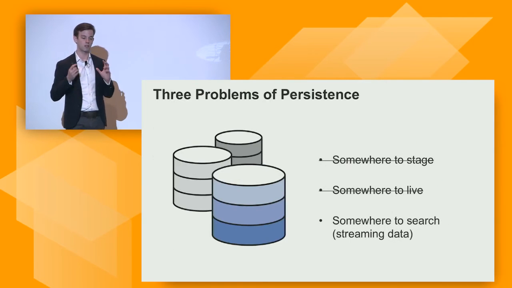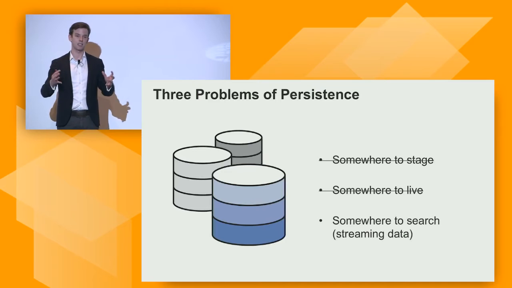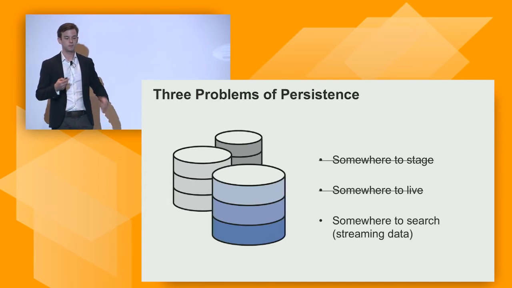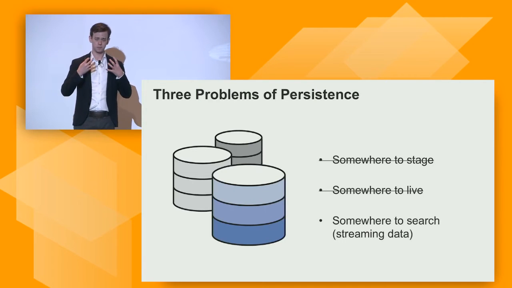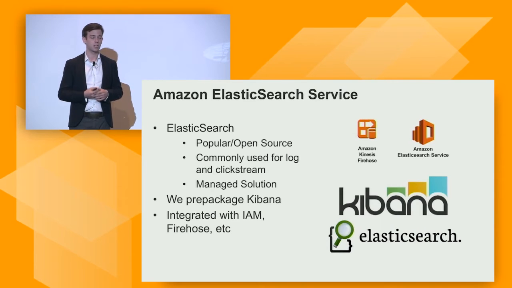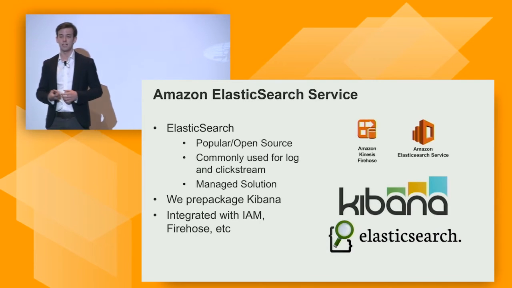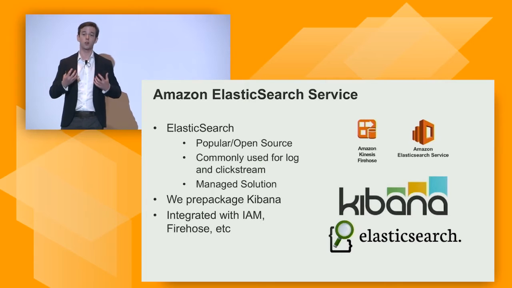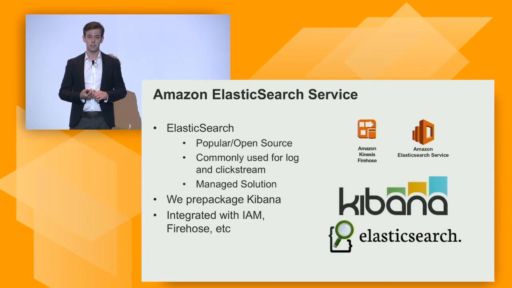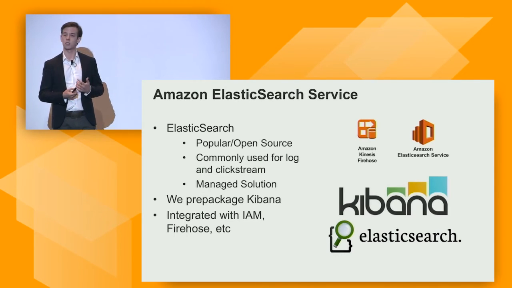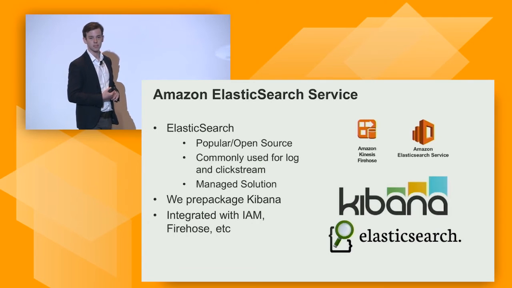So now I've decided where it's going to live, I need an index, I need some way to search it. And this is why I'm going to talk about Elasticsearch. So Elasticsearch, ELK, is a very common choice when it comes to logging. Elasticsearch Service was offered last year at re:Invent. It allows you to very easily run an Elasticsearch cluster on AWS.